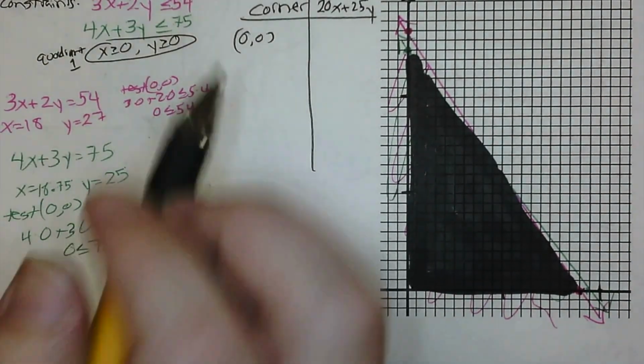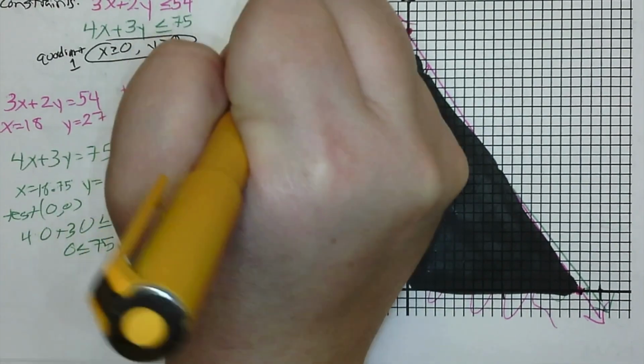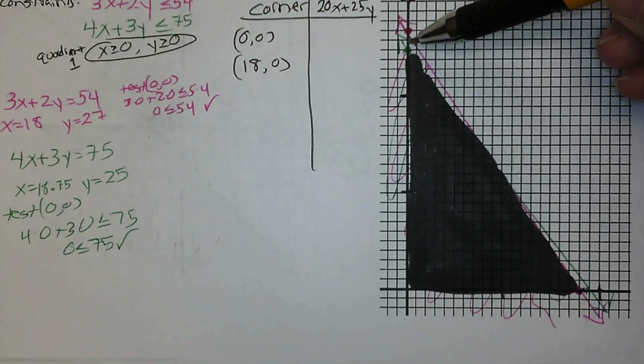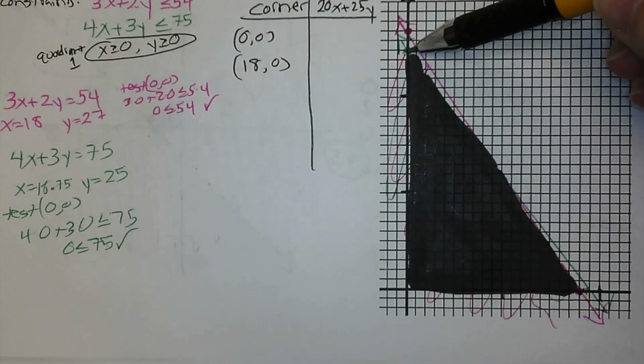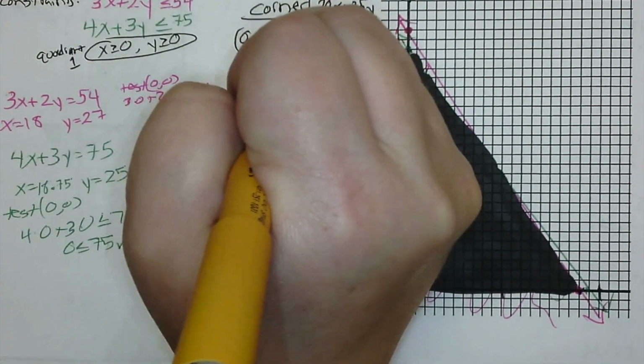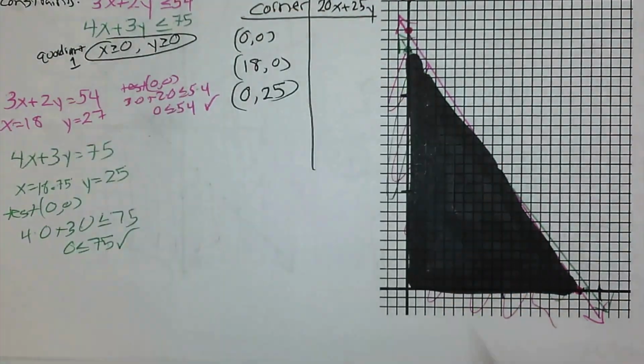That was 18. So that is the point 18, comma 0. We also have the top, which was the green graph y-intercept, and that was y equals 25. So that's 0, comma 25.